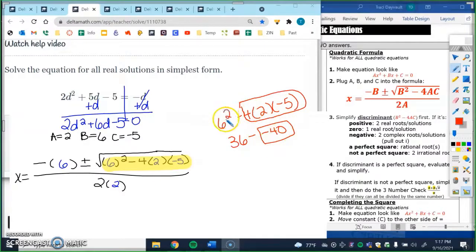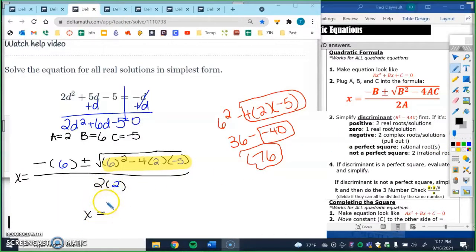Okay, so I get 6 squared, subtract this. If we are at 36, subtracting a negative would move us up, to 76. 76 is the discriminant. Discriminant means the number under the square root.